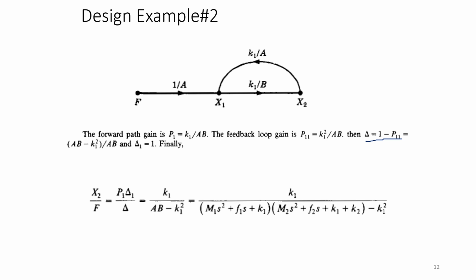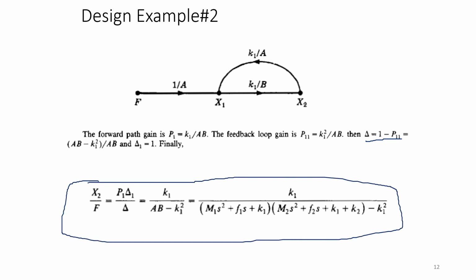So just replace all the values here, so that becomes your transfer function for the given mechanical network. Like this, by using the signal flow graph, we can represent a block diagram, we can represent an electrical circuit in the form of a signal flow graph, or we can represent a mechanical system in a signal flow graph like this, and we can find the transfer function very easily using Mason's rule.